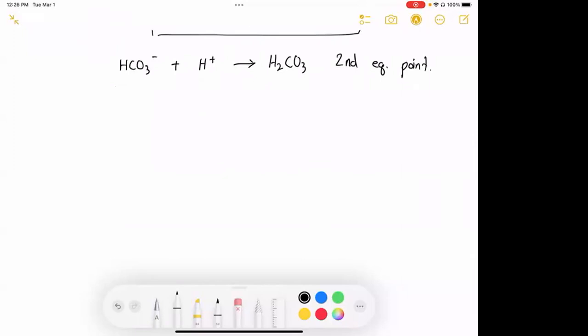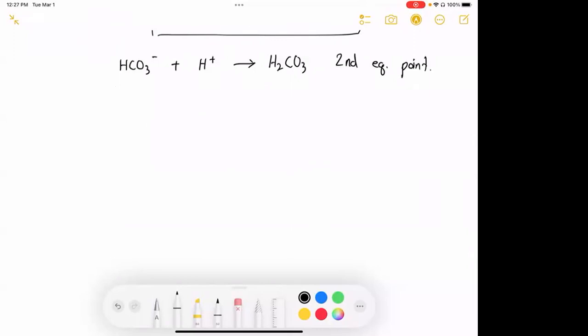All right. So the calculations we need to look at. The first calculation is we need to find the pH at the second observed equivalence point. So you're going to use this value to determine the concentration of H plus. Okay.